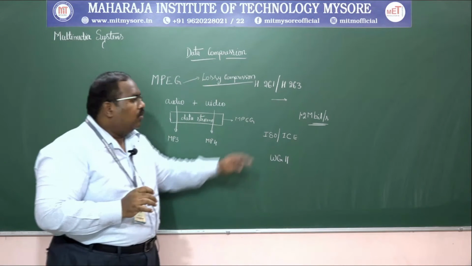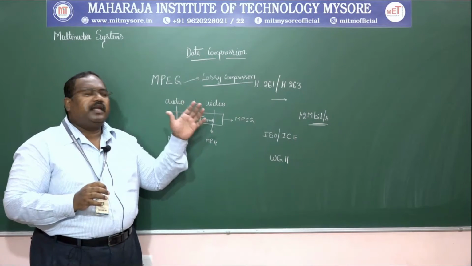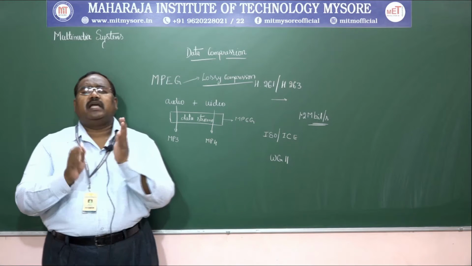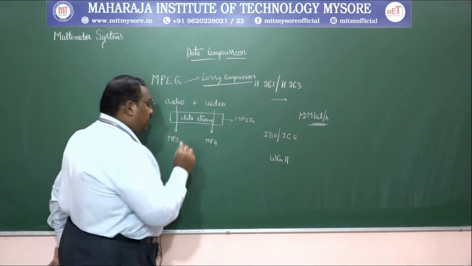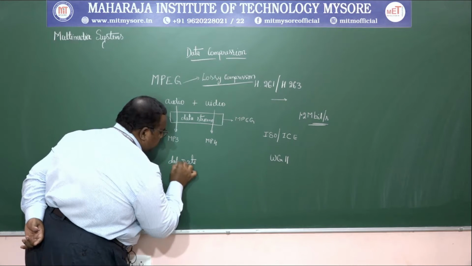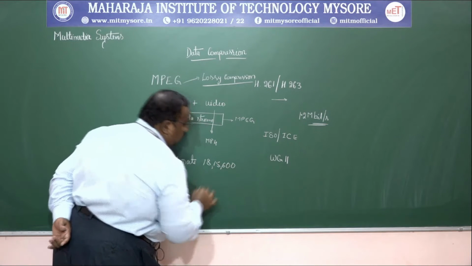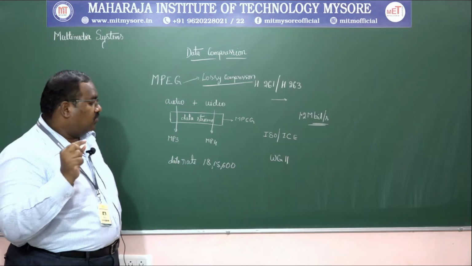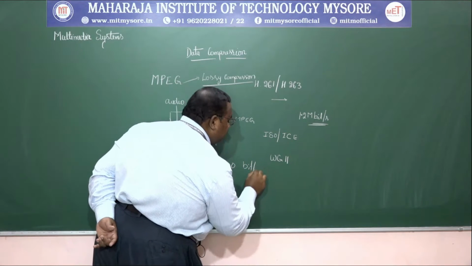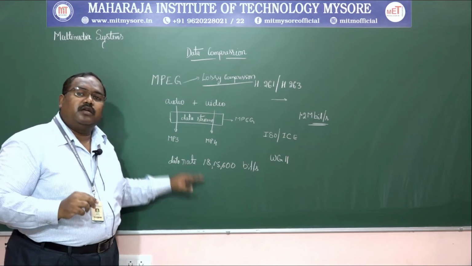In order to achieve this 1.2 megabits compression rate of the data stream was the main intention of ISO and IEC. And the MPEG specification has a maximum data rate of, this is very important, we need to consider, 15,600 bits per second. This is the data rate that needs to be achieved, and they are able to achieve it.